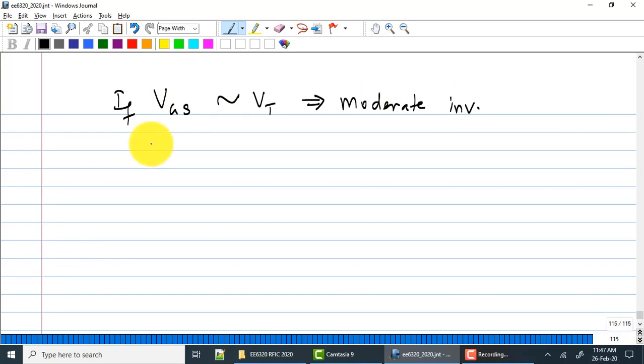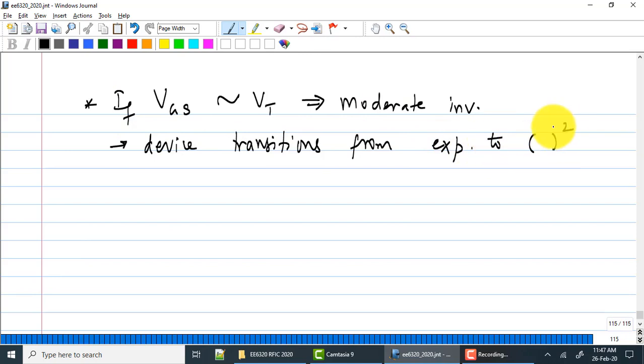Now that is where this magic number of 200 that you're talking about comes from. It does not need to be 200. What you need to do is bias the device such that VGS is very close to VT. So I could say, let us say, something like this, maybe a 200 millivolt band around VT where the device can operate in moderate inversion. Okay. Normally you are right. That happens not at 200 but probably more like 100 millivolts.